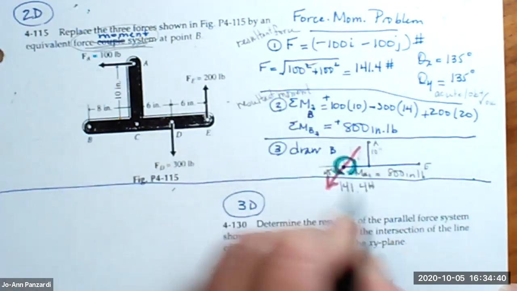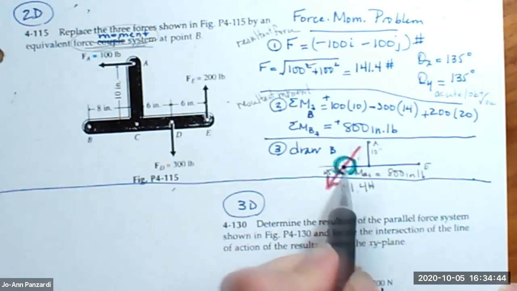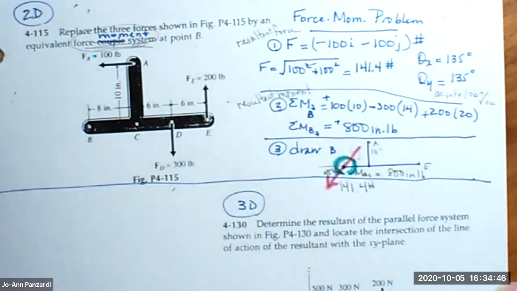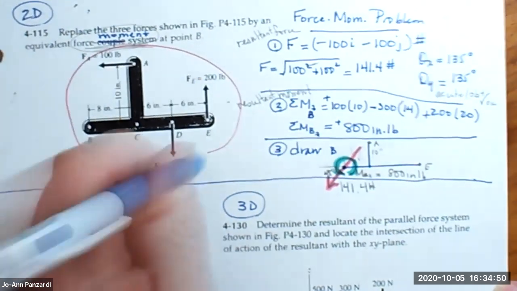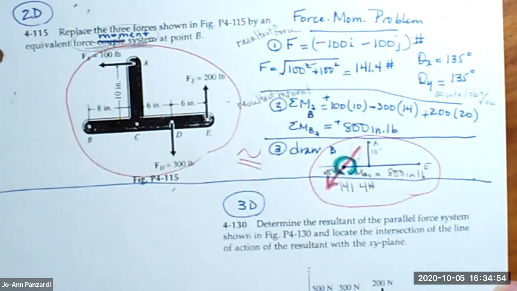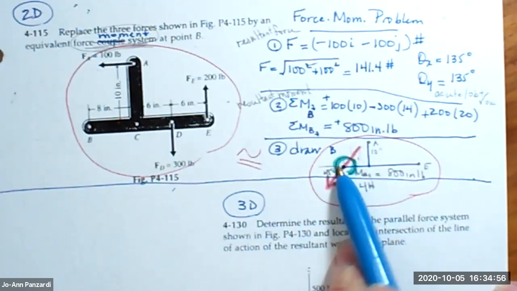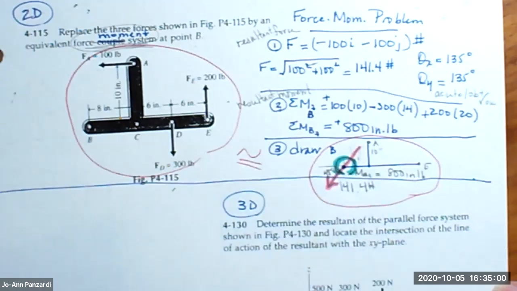And the third step is to draw it. Draw the resultant force and the resultant moment at the point in question. So in the end, this system here is equal to this system right here, where I have a force and a moment at the point. It's simplified because now I only have a force and a moment.